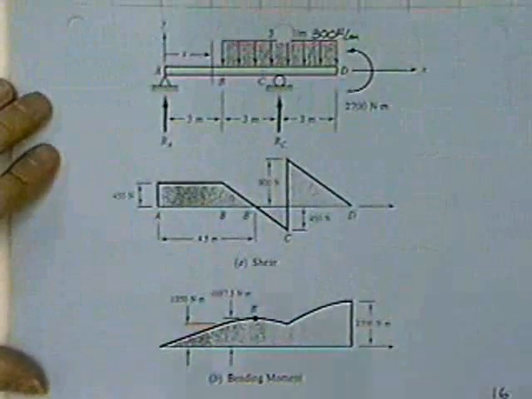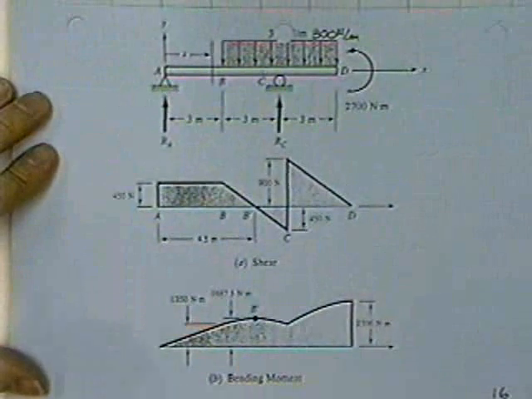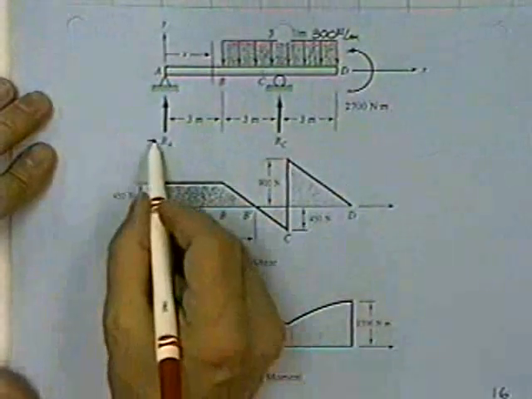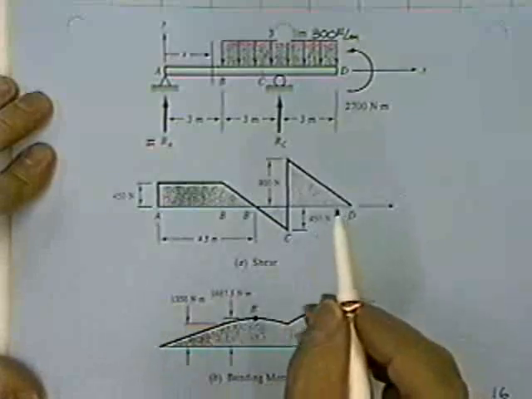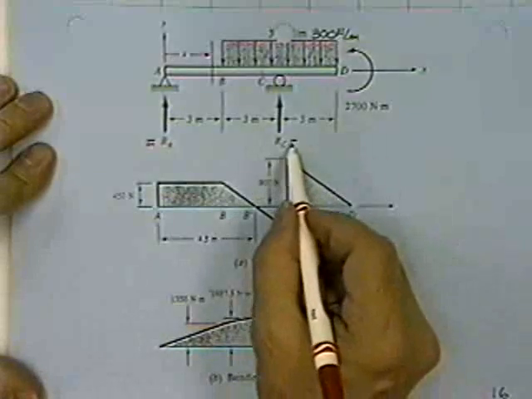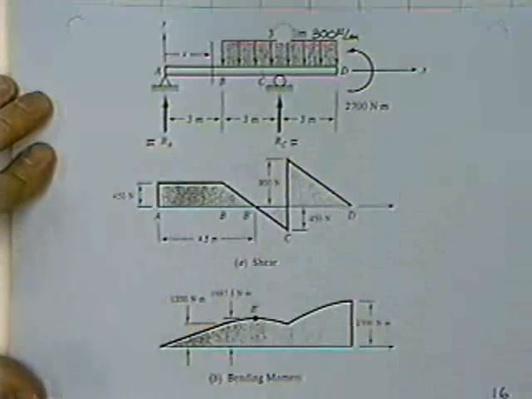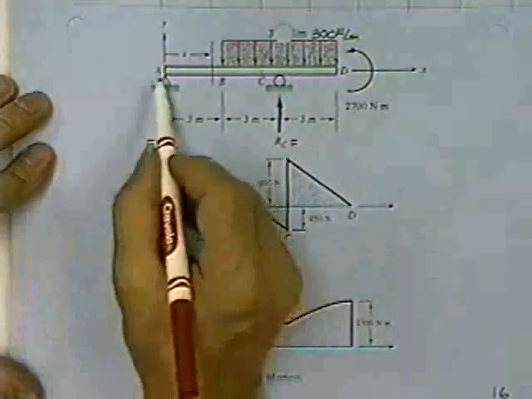As an example, on page 16, first thing we do is we solve for the reactions. You solve for the reactions by statics.